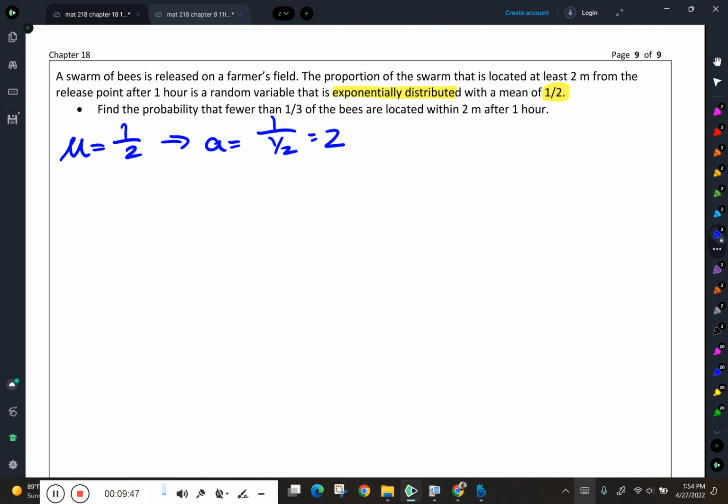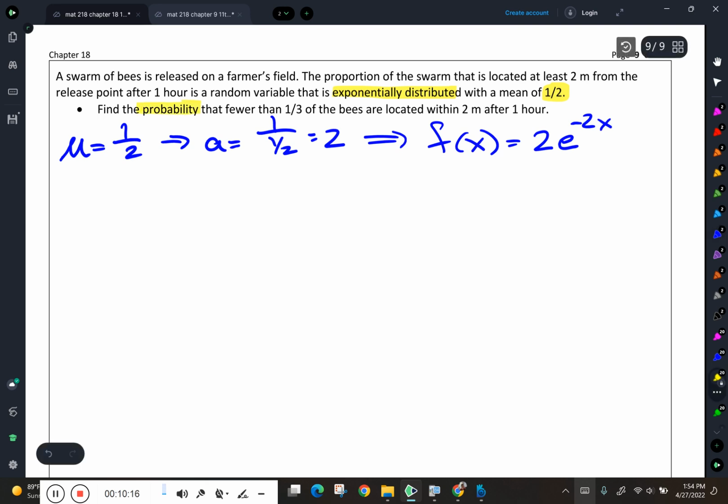Now I found my A, so that tells me that my function, my probability density function, is 2 times e to the negative 2x. And so I'm trying to find a probability.